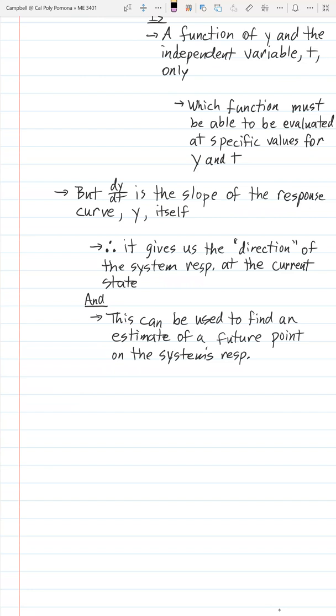But provided we go with relatively small changes in time to propagate the system response forward in time, then it really isn't an issue.